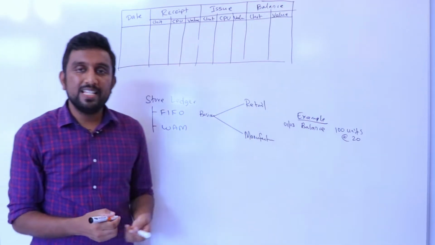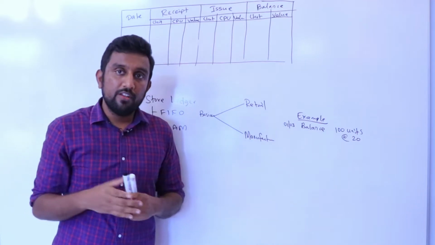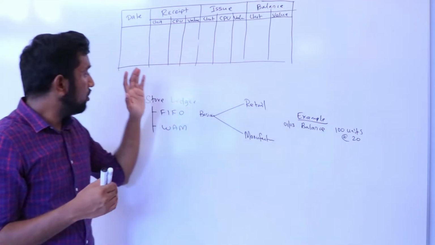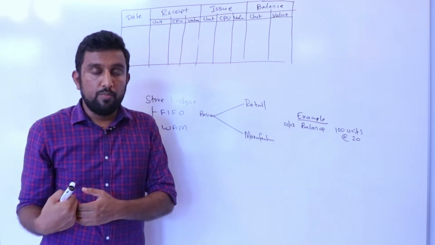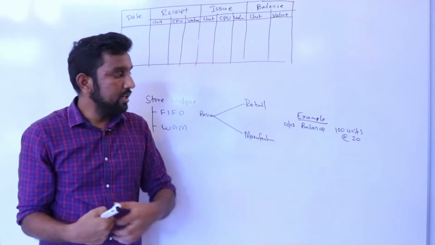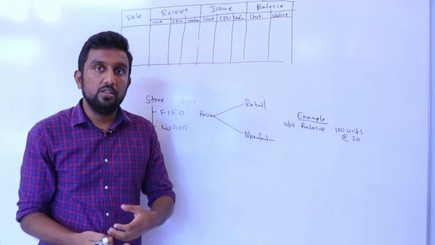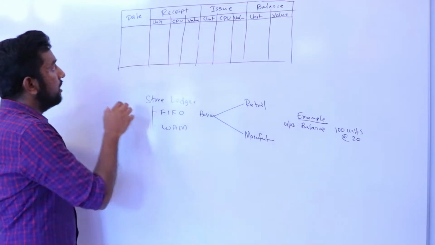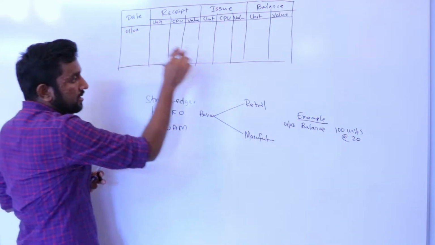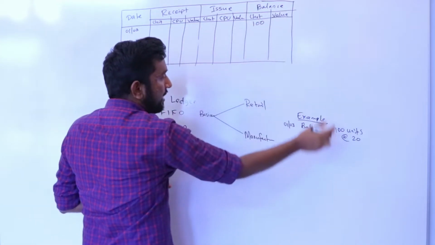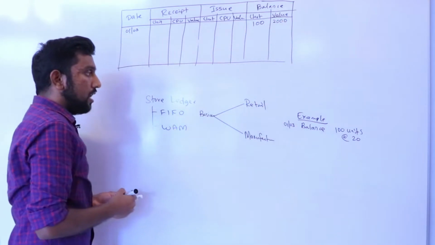What does this balance mean? The balance in the store, not in the manufacturing plant, because the store ledger is prepared by the storekeeper in the store, not in the manufacturing plant. So this balance is related to the stock available in the store, and I'm going to show that as my opening balance. The opening balance is 100 units, each at 20, so my value is 2,000, that is 100 into 20.